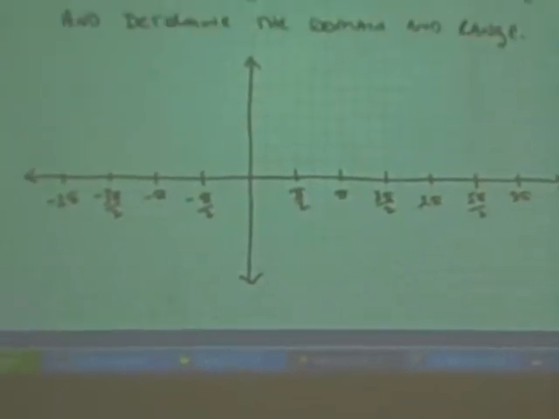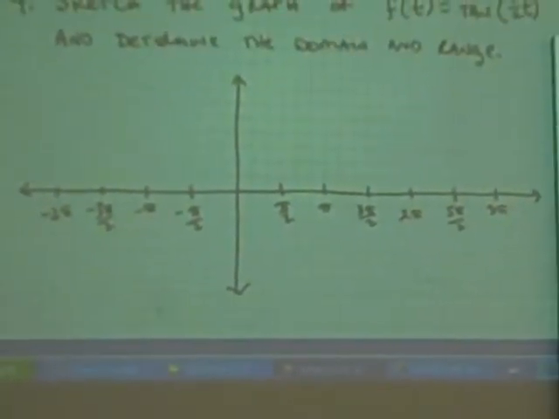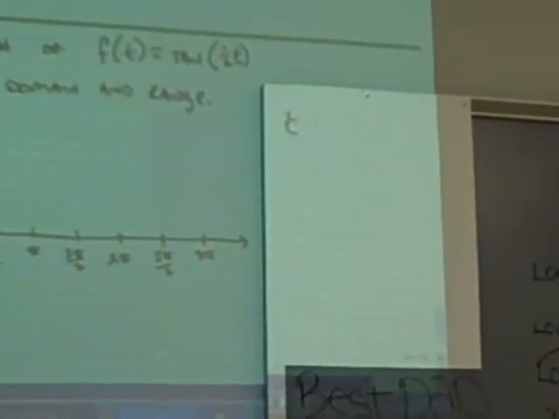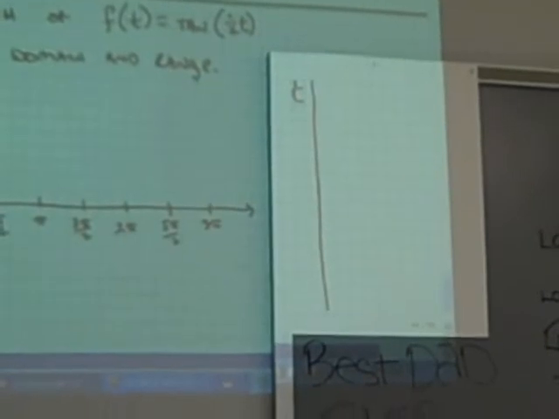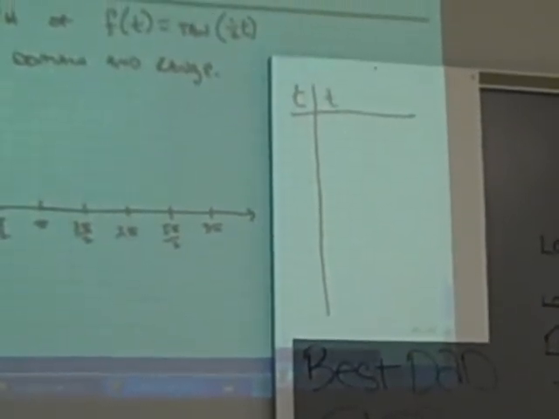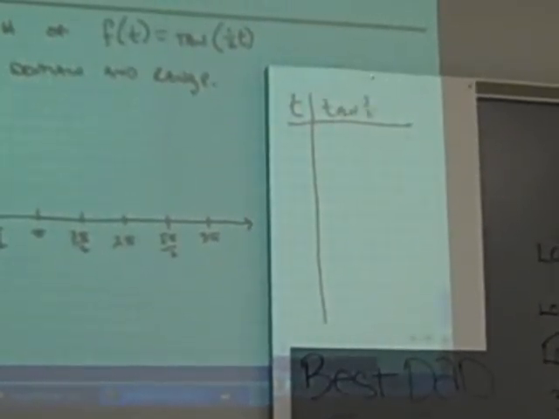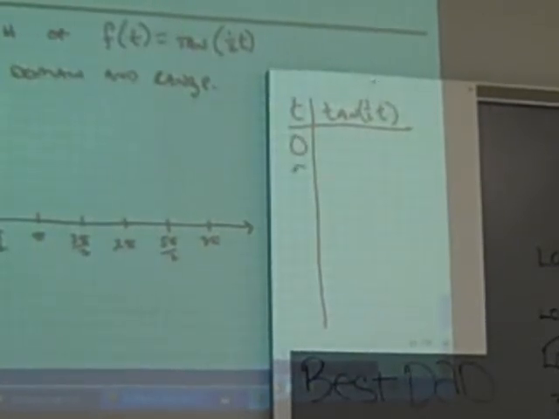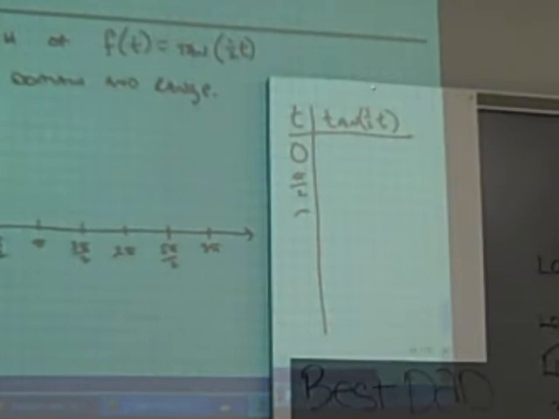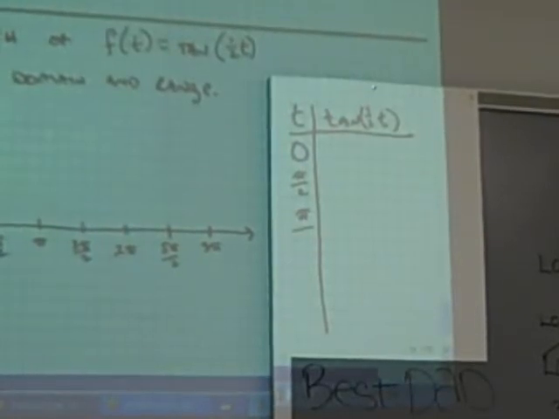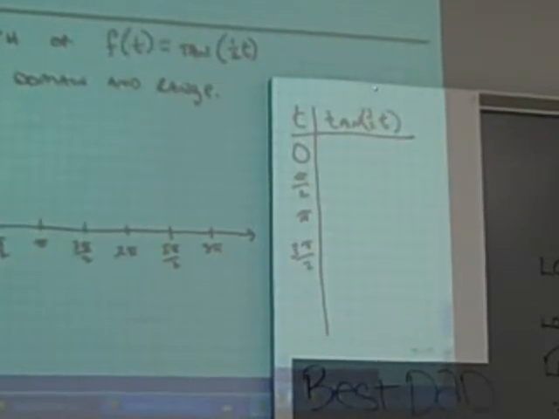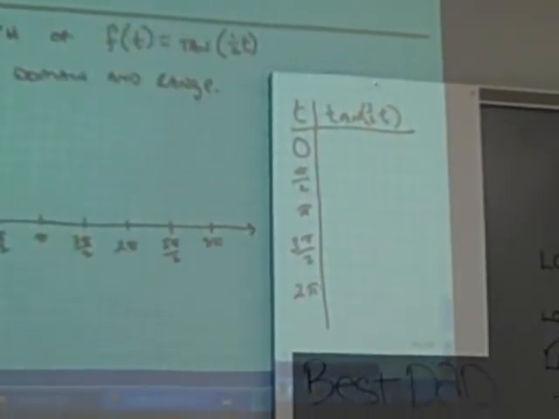Let's do a table. Let's see what happens here. If I plug in 0, what's the tangent of 0?